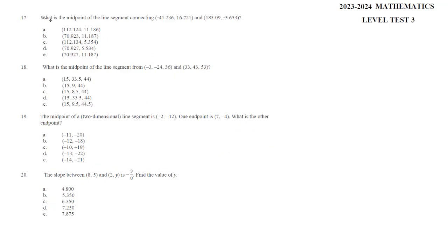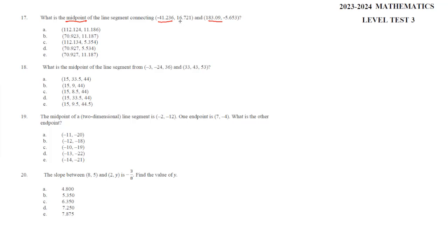Okay, number 17, what is the midpoint of the line segment connecting these two points? So we're going to average these. So negative 41 and 183, maybe we'll be close enough to see what's happening here, but add these two together, that's about 140, almost 2, divided by 2 is a 70. Oh, here we've got the 70s right here, so it could be one of those.